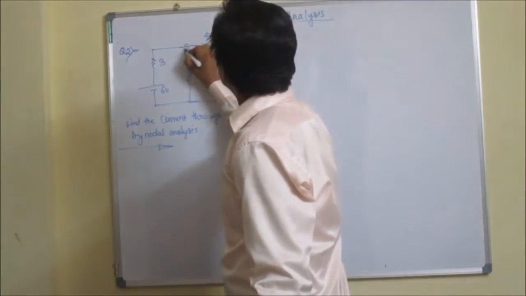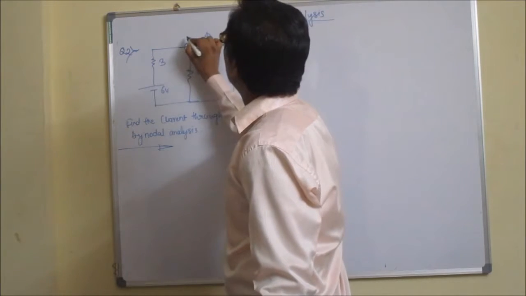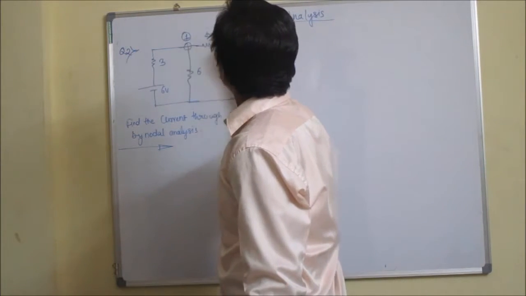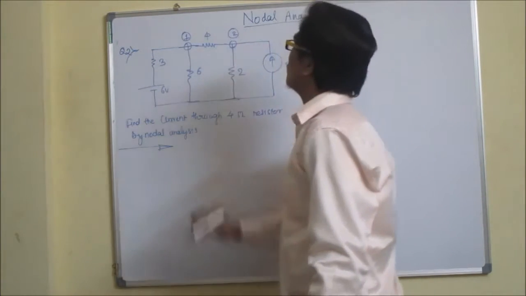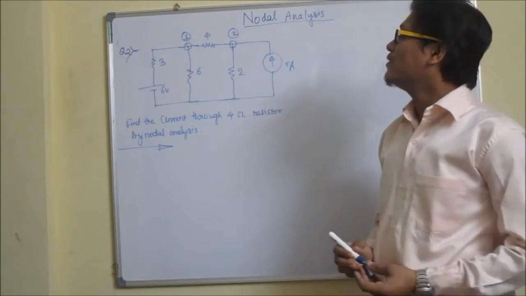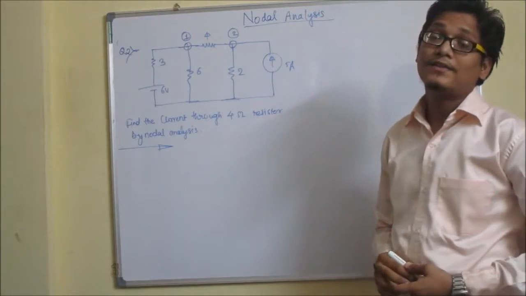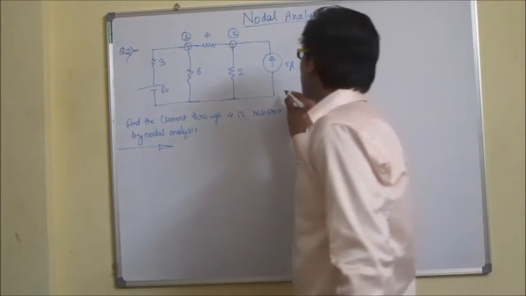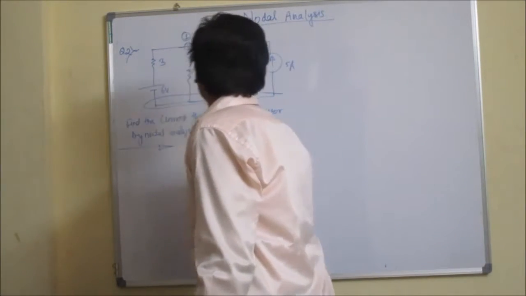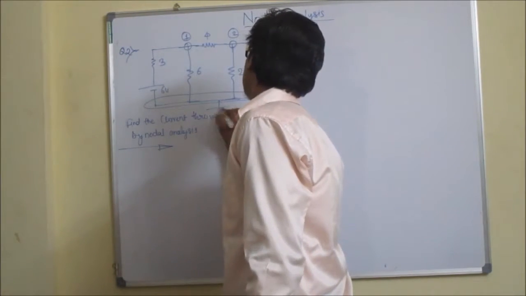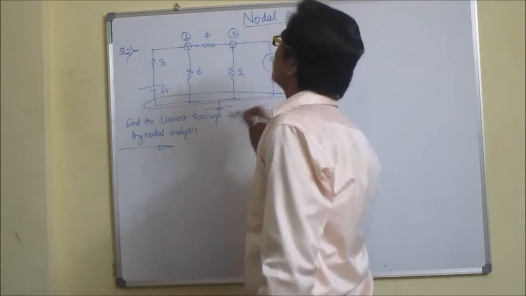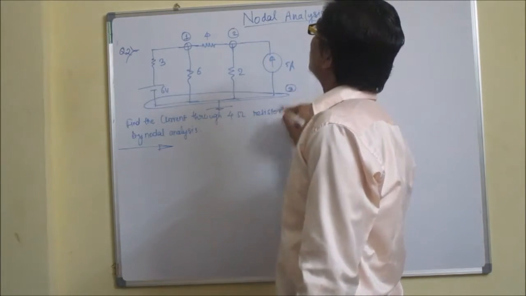So here this is a node. I will mark this node as node number 1 and this as node number 2. Then what is the second step? Identify the reference node. This is our reference node, this bigger one with the maximum number of branches. Actually there are 3 nodes. This is node number 3.